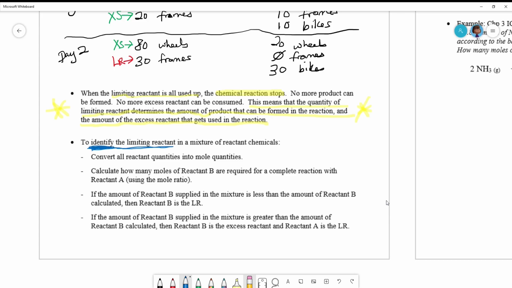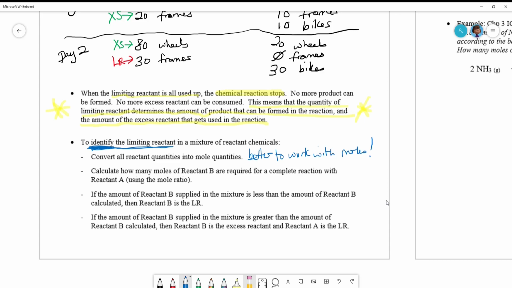As a general rule, I always advise students to work with mole quantities because they're easier to handle. So my first step is to always convert all reactant quantities into moles. So let's note here: better to work with moles.